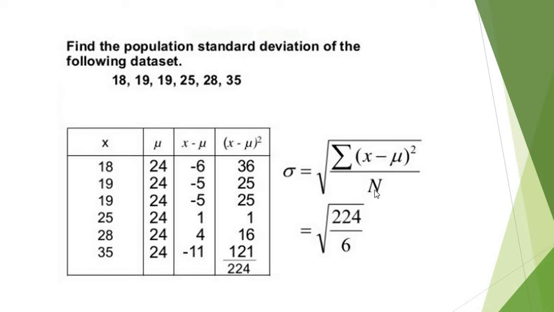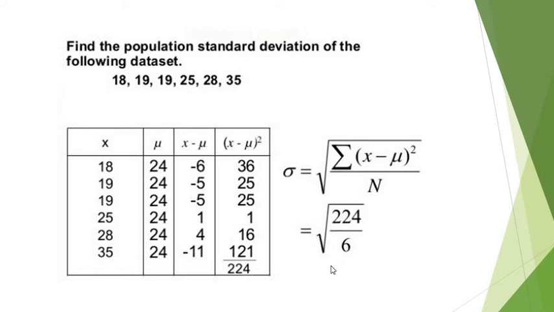We got 224, the n is 6, and let's put that in our calculators. 224 divided by 6 will give us what? That will give us 33 1/3, or 33.33 recurring.